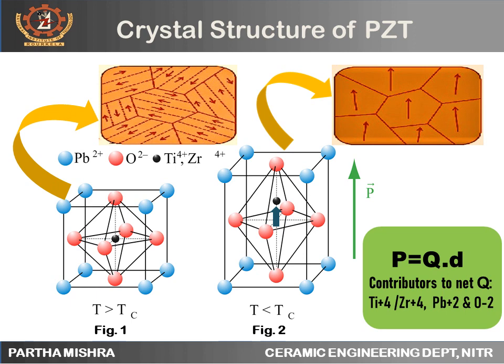This polarization is brought about almost spontaneously, as there is a shift in the atoms. The other atoms also undergo a shift, and hence they also contribute to opposite charges. But since the charge of titanium or zirconium ions is much higher and they can move a greater distance, they affect the formula that we can see, P equal to Q dot D.